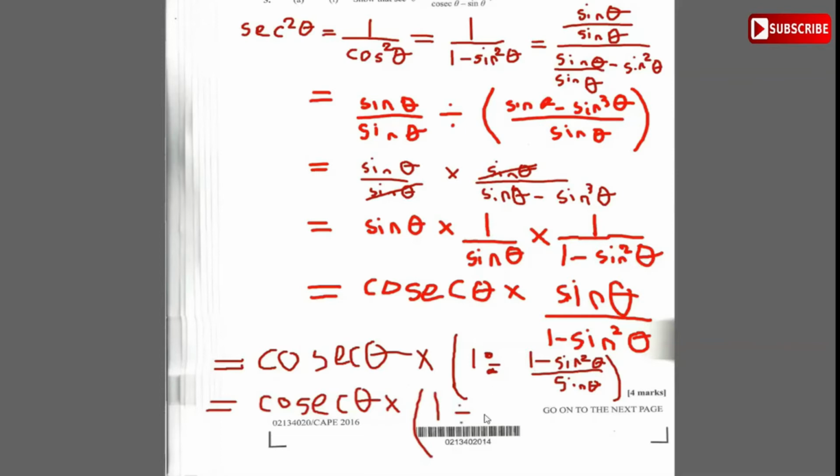That's just 1 over sine theta minus sine theta. And we put a bracket around here so that the division is for here.